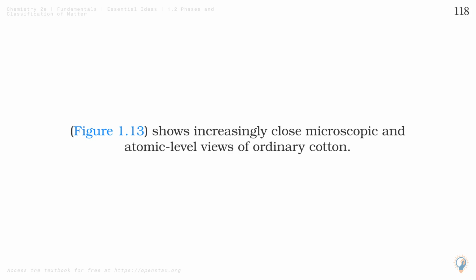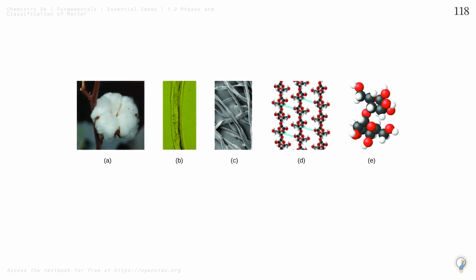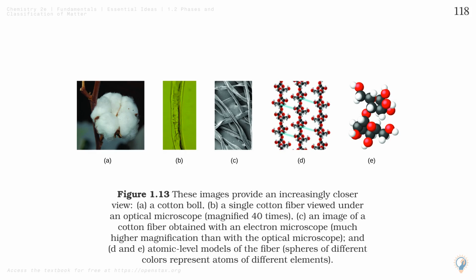Figure 1.13 shows increasingly close microscopic and atomic level views of ordinary cotton. Figure 1.13. These images provide an increasingly closer view. A. A cotton boll. B. A single cotton fiber viewed under an optical microscope, magnified 40 times.